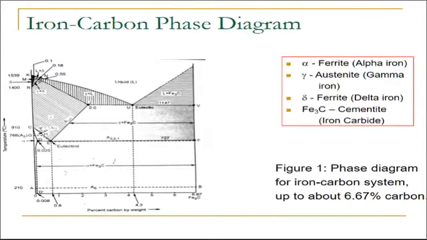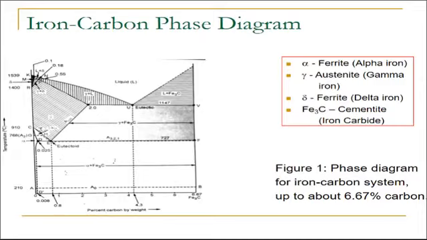In unit 3 of engineering metallurgy, we have learnt the iron carbon phase diagram and various phases which exist on it. In this slide, I have shown the iron carbon phase diagram, which includes various phases on it, such as alpha phase, that is ferrite, gamma phase, that is austenite, delta phase, that is delta iron or ferrite, and Fe3C, that is cementite.